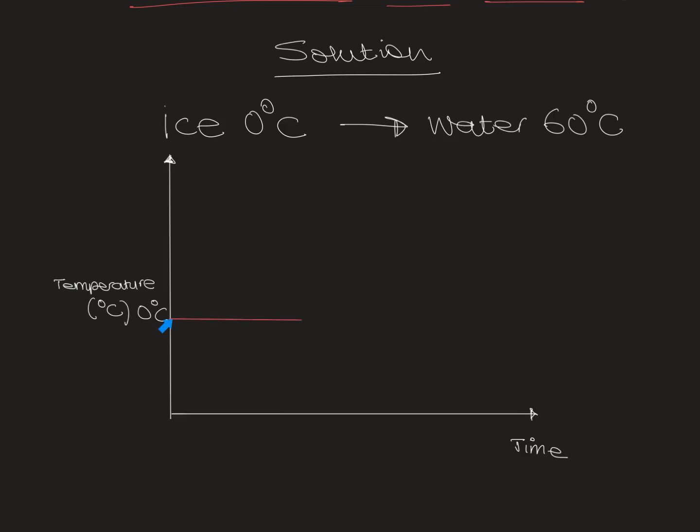So the ice at 0 degrees Celsius will be converted first to water at 0 degrees Celsius. So there is a phase change here. And then from here we'll have water at 0 degrees Celsius that will reach a temperature of 60 degrees.